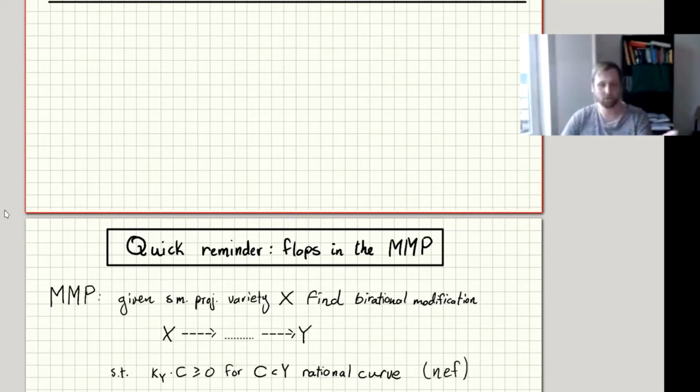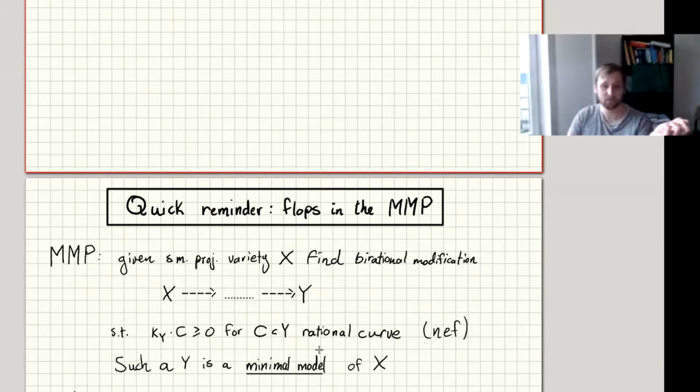So in the minimal model program, we want to find good representatives of varieties up to birational equivalence. So the usual idea is you take, say, a smooth projective variety, do some sort of birational modifications to it, and find some sort of minimal representative in its birational class.